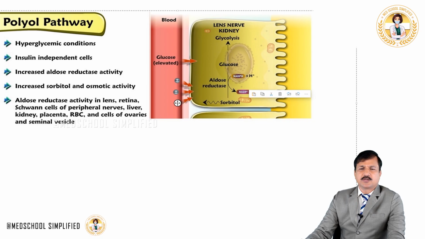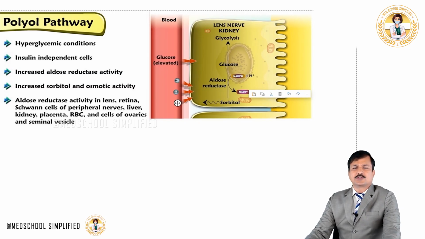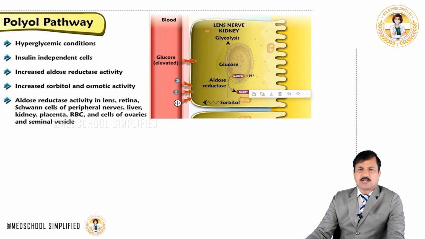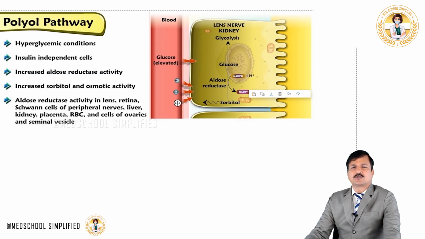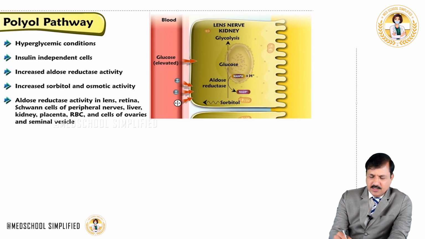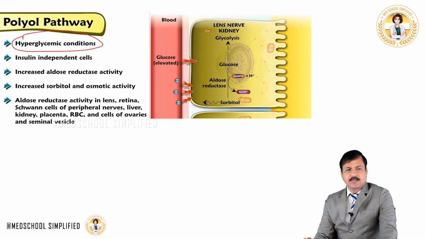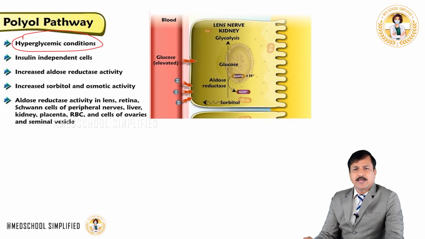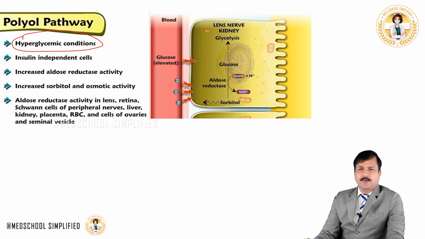They have glucose transporters which work based on the concentration gradient. That means as long as there is more glucose in the blood, glucose is taken into the cell. So more than necessary glucose is getting into these insulin independent cells, especially if a person has hyperglycemia. Hyperglycemia can be a pre-diabetes condition, or a diabetes condition which is not under control, so uncontrolled diabetes mellitus, or constantly being in a well-fed state, especially on a carbohydrate diet.